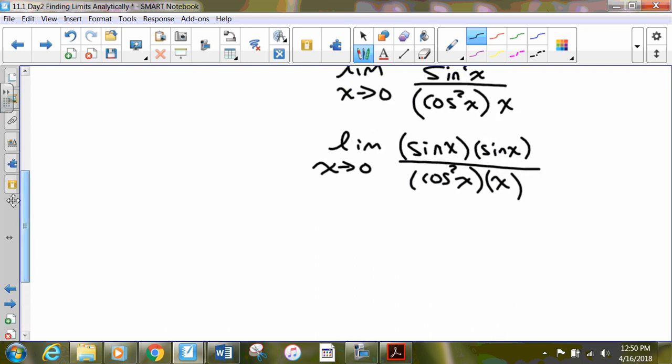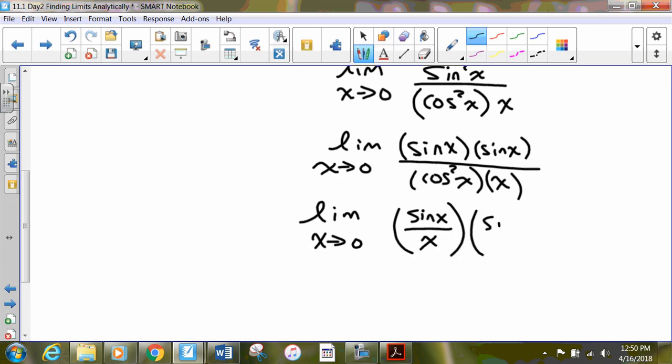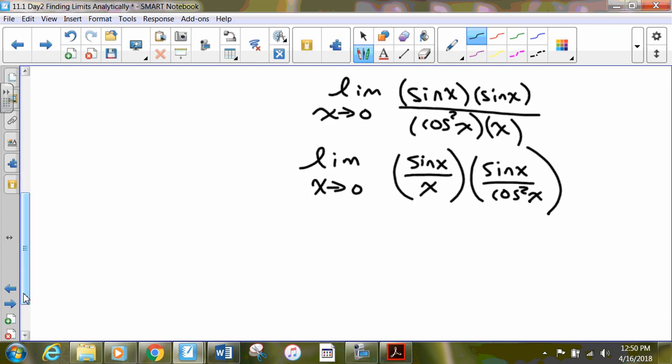So now I'm going to go ahead and rearrange what I have, a legal rearrangement, and I'm going to put sine x over x, okay, so I used up one of my sine x's, times sine x over cosine squared x. Okay, so finally, I'm going to go ahead and rewrite that.